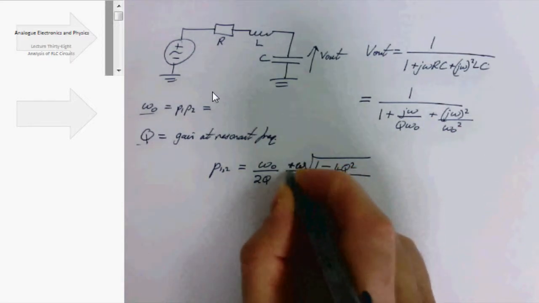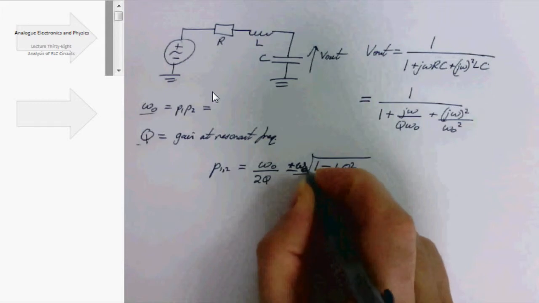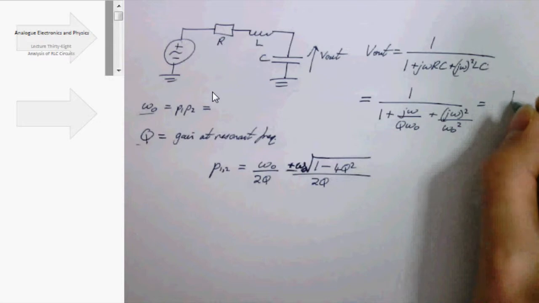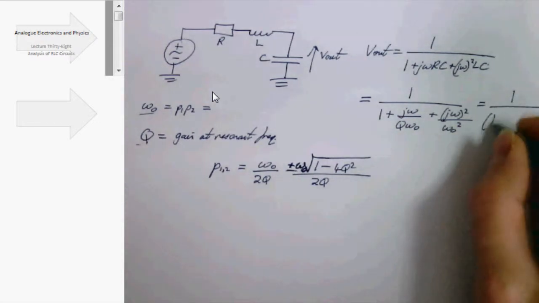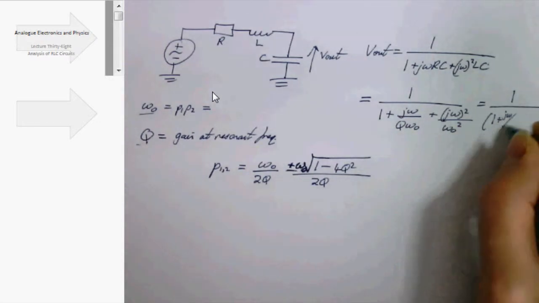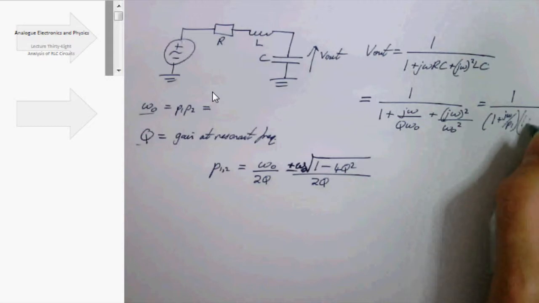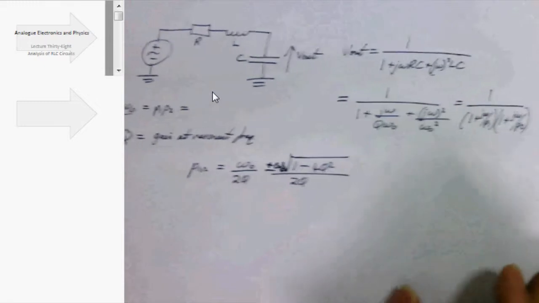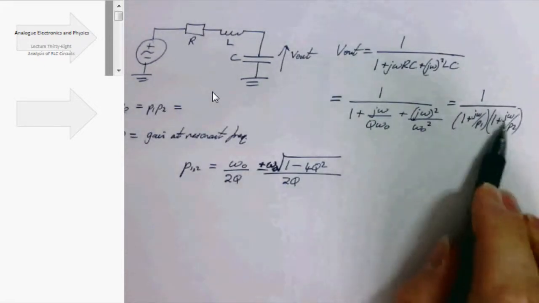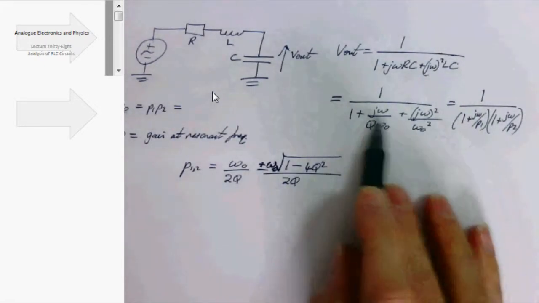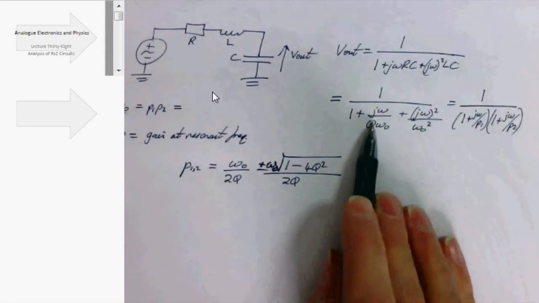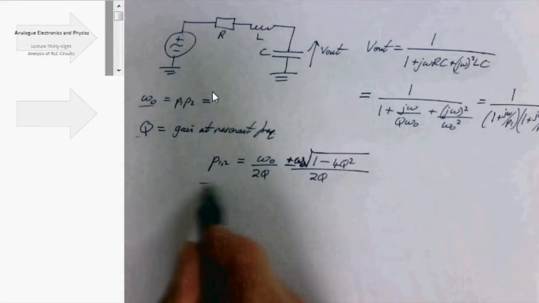It's a bit tedious to derive that, but quite straightforward. You just set this equal to 1 over 1 plus j omega over p1 times 1 plus j omega over p2, then multiply these brackets out, equate the coefficients, and work out what p1 and p2 must be in terms of q and omega naught, and you'll end up with this.